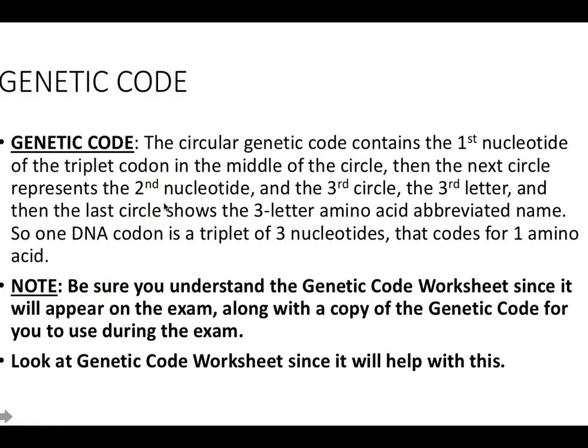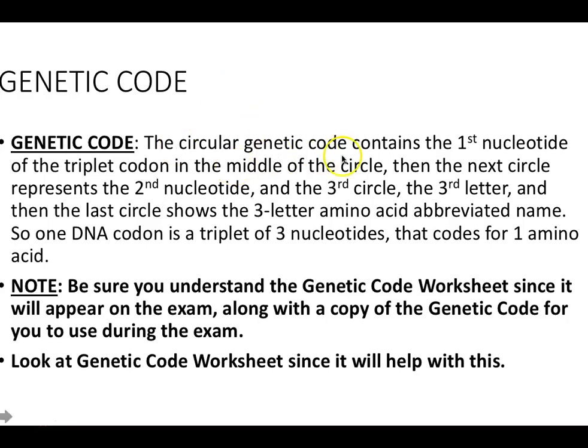So during class, we worked on a worksheet called the genetic code worksheet. You will have a copy of the genetic code worksheet in front of you. So do not memorize it, but know how to read it.